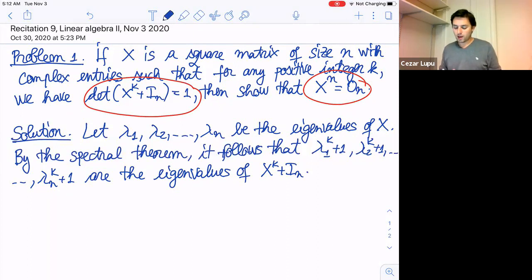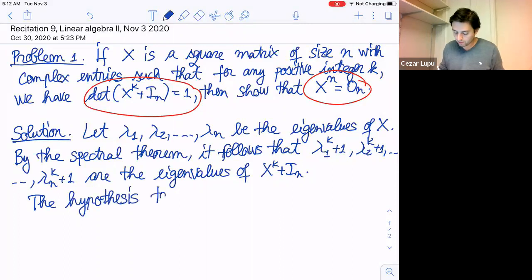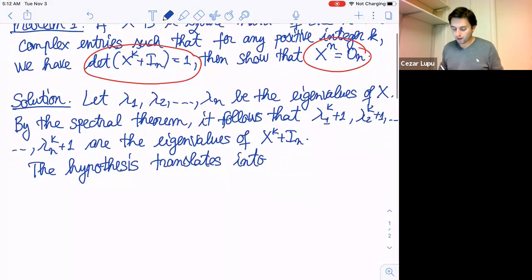So in other words, the condition that the determinant of x to the power k plus the identity is 1 will translate into the following. The hypothesis of our problem translates into the following.